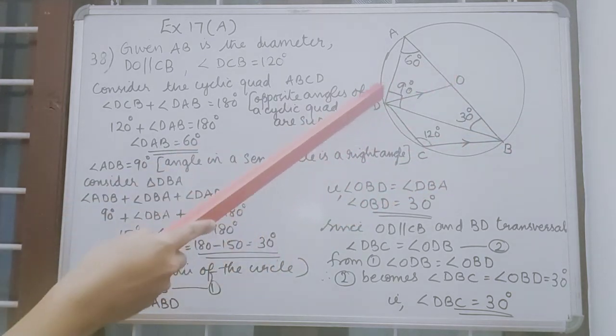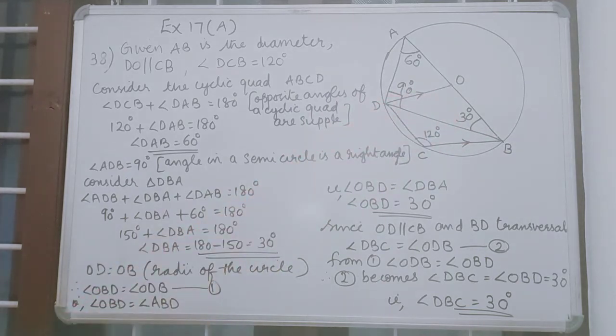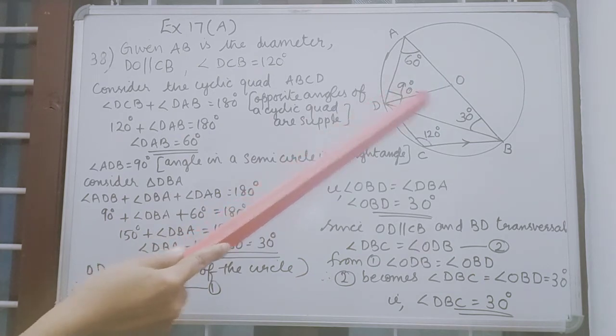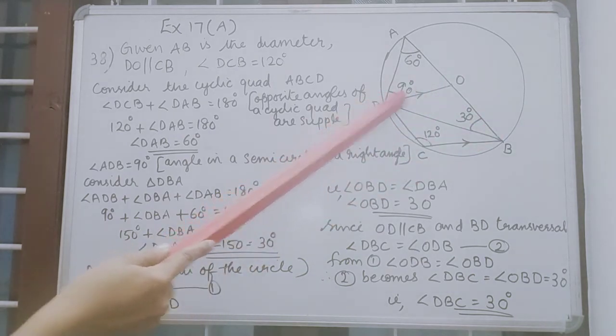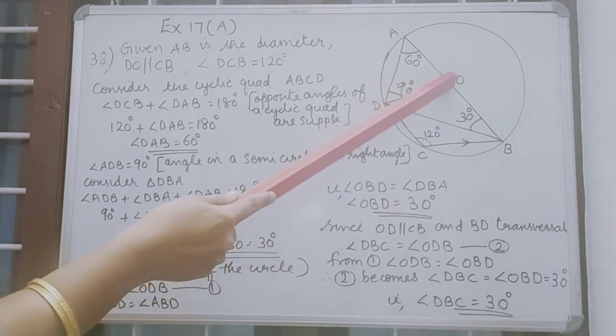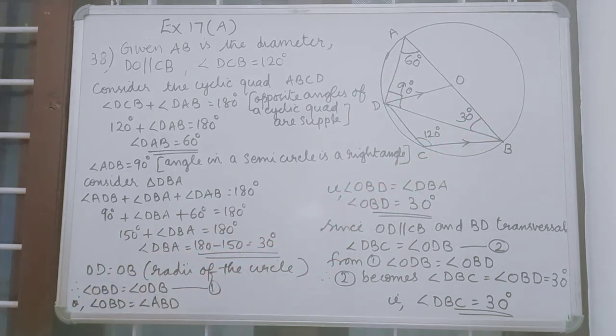So OD is equal to OB means the angle opposite to that particular side will be equal. Angle DBO. So OD is equal to OB means which two angles will be equal?